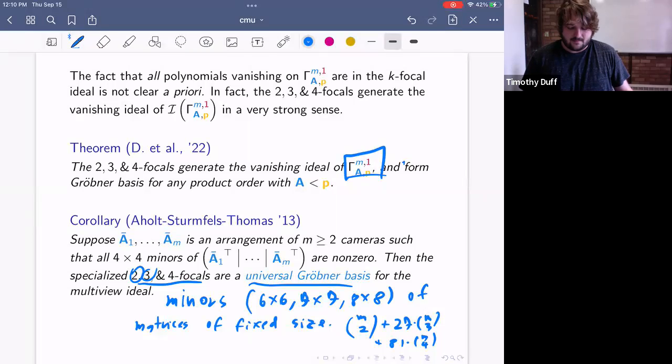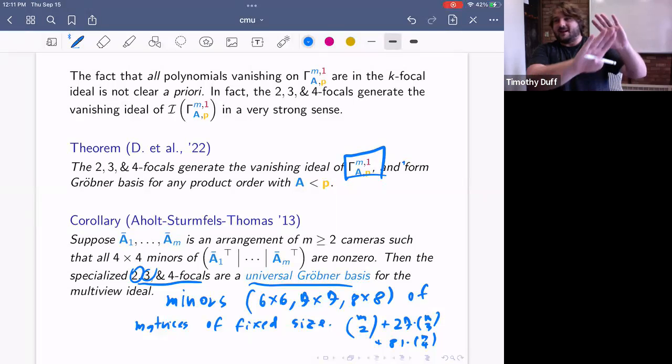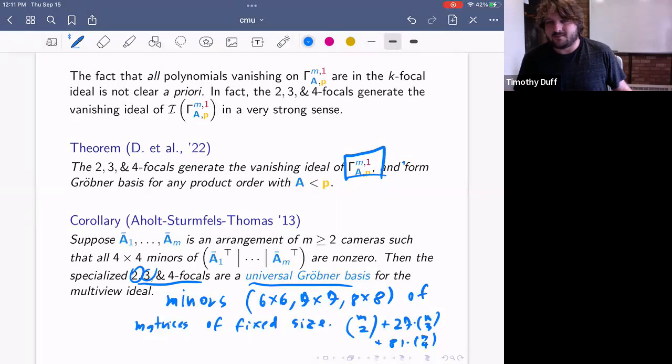That's what this Aholt, Sturmfels, Thomas result is telling us. And it's basically the flat locus, so flatness in the sense of algebraic geometry or commutative algebra. If your cameras are in this flat locus, then all the multiview ideals look the same. And if they're out of the flat locus, then you're in this cameras on top of each other situation.